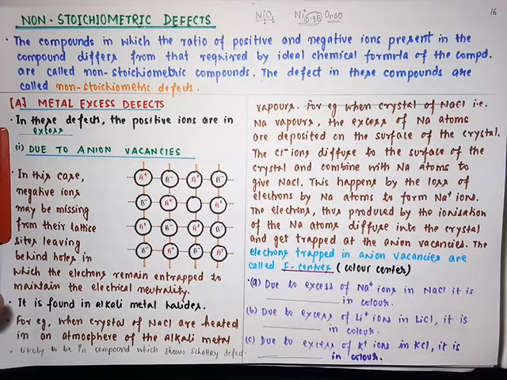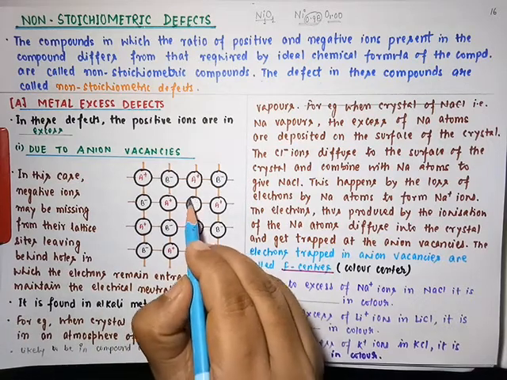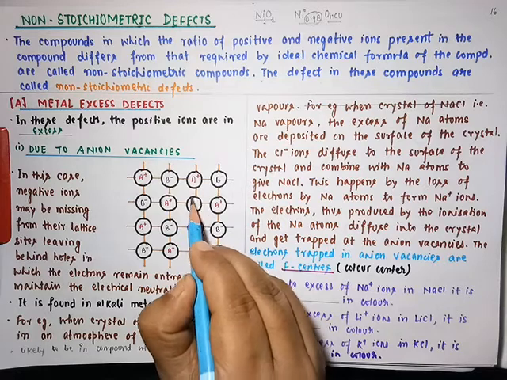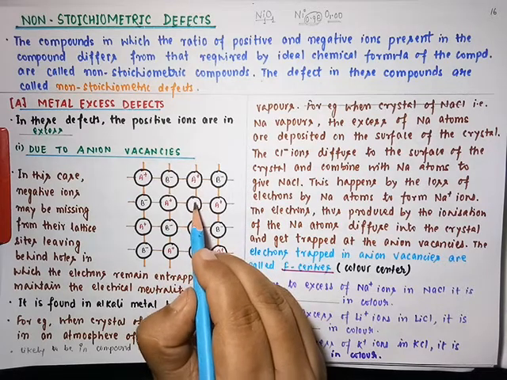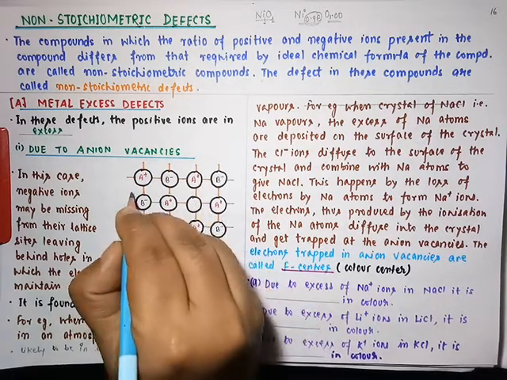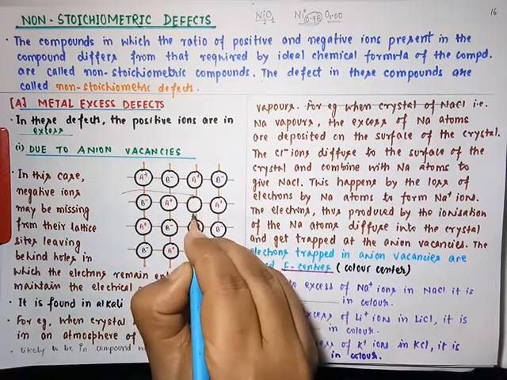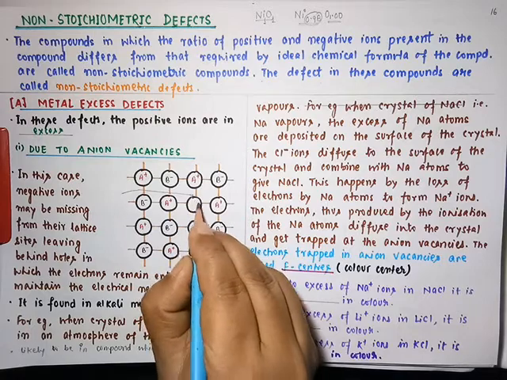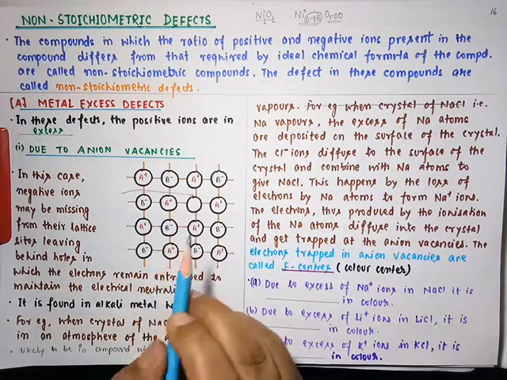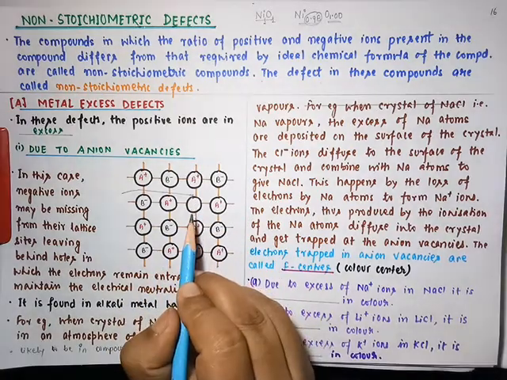So student, just check this out. What is happening here? We don't have B minus. Here is an anion vacancy. You should first know how this anion vacancy is created, and then we will work ahead.